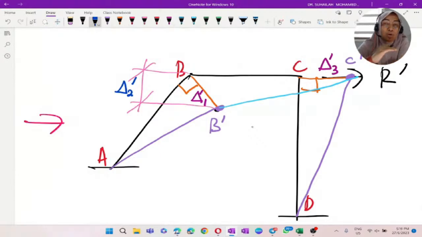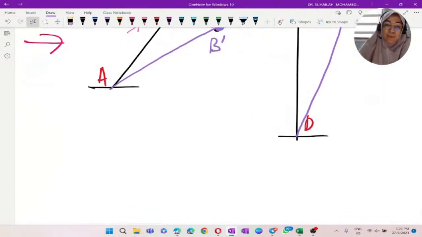Because the beam is horizontal, the delta is vertical. What is most important here that I want to highlight is when we combine this: for AB, the delta is this. So this is delta 1 prime.